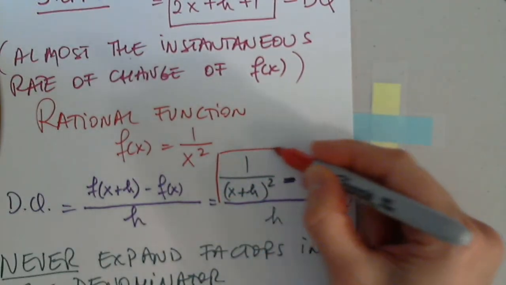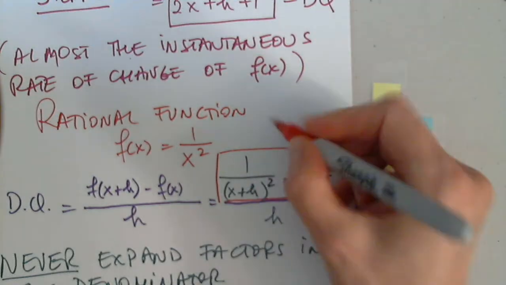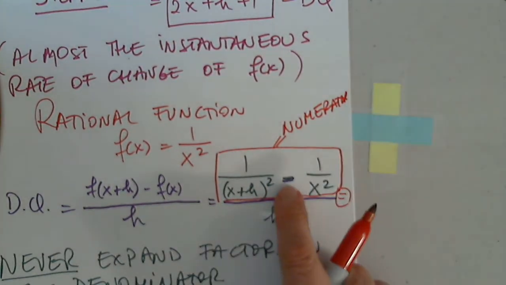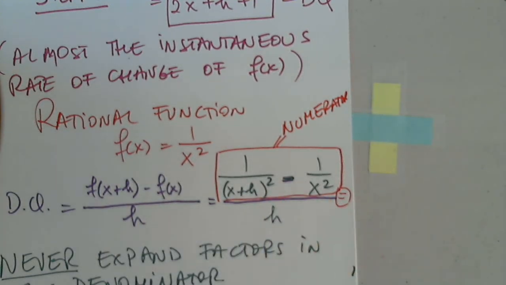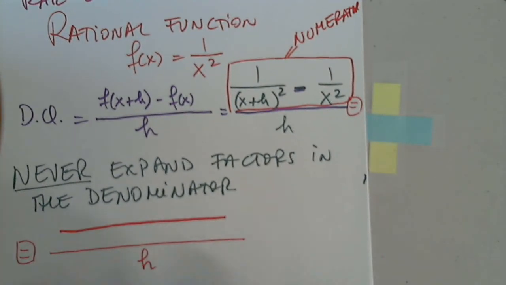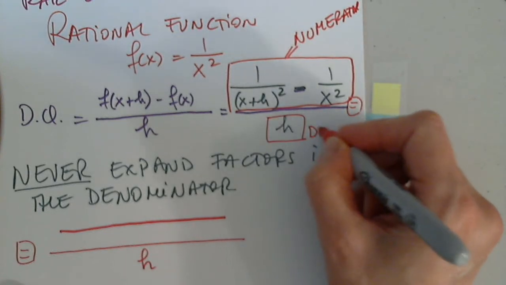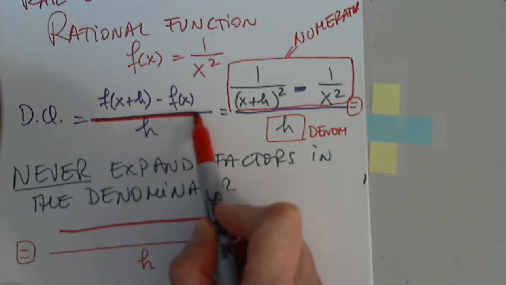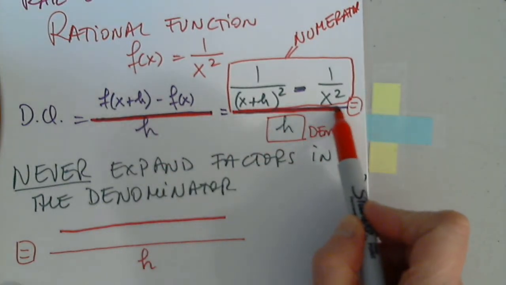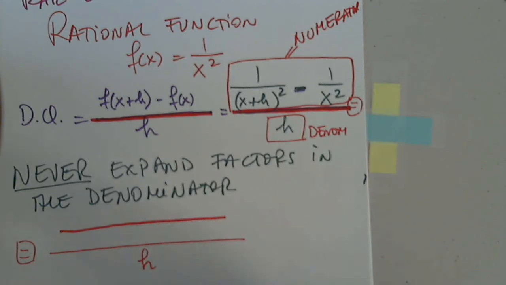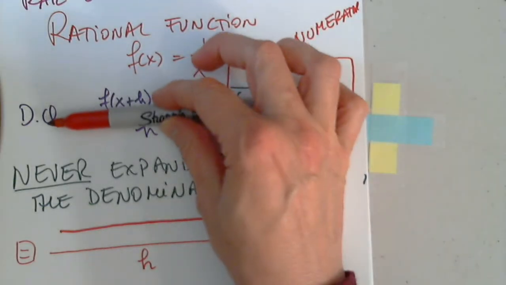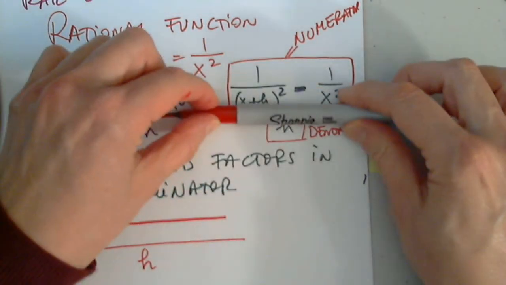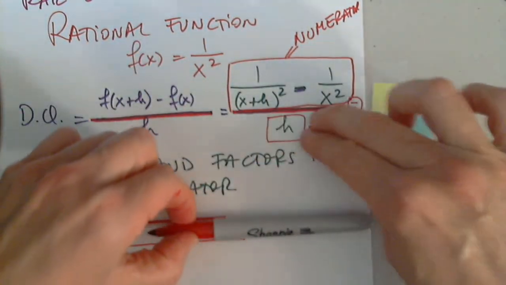This is called the numerator, where I have a subtraction of two fractions. That's why I need the least common denominator. And this is the denominator. The fraction line indicates which one is the numerator and which one is the denominator. We're not talking about pieces. This is the fraction line of the difference quotient. This is the numerator and this is the denominator.